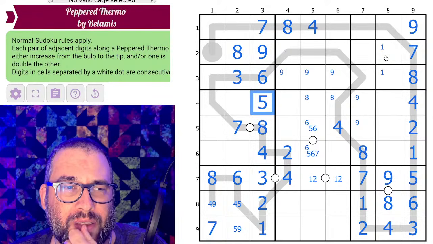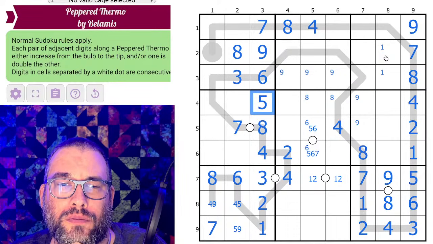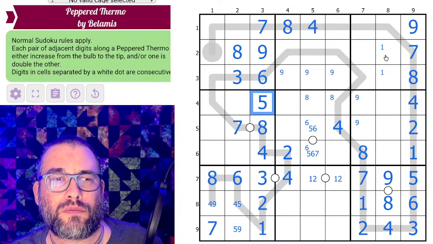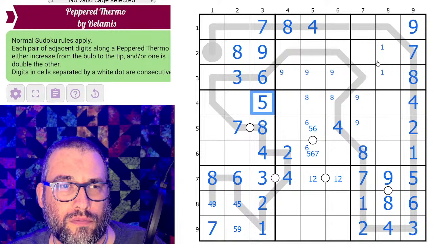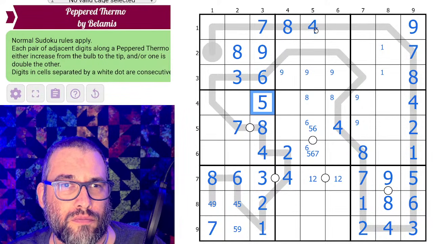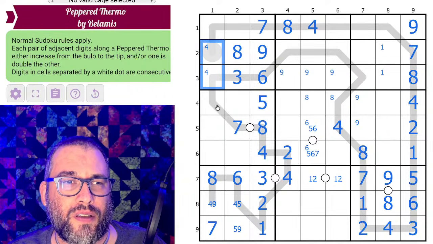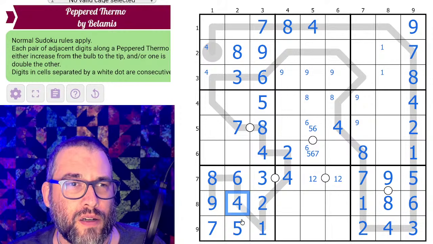As far as I can tell, there's still 2 places for 4 in row 2. One of these is definitely 4, so that's 9, 5, and 4.